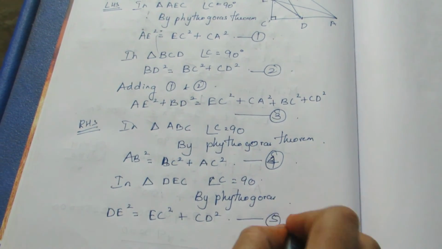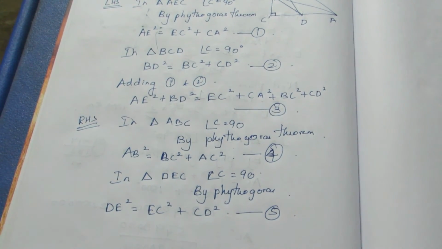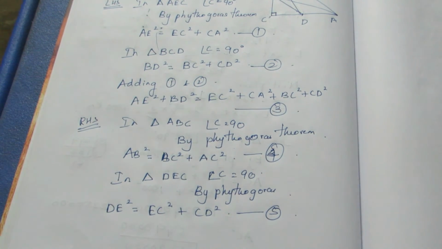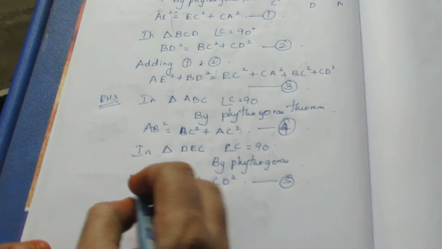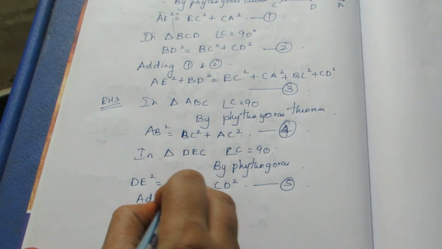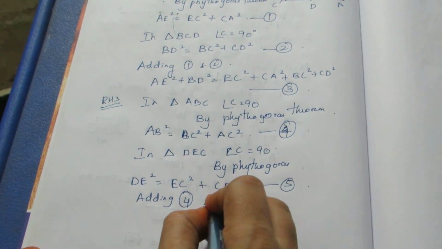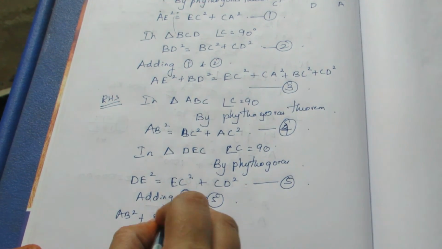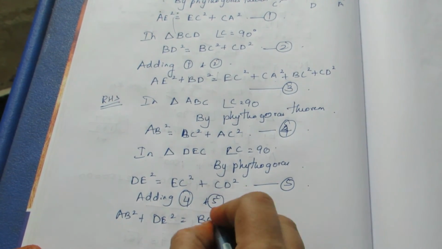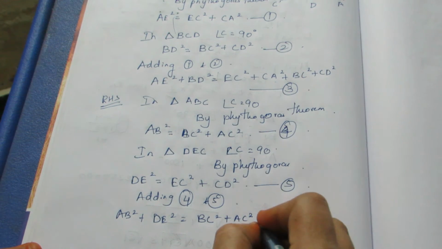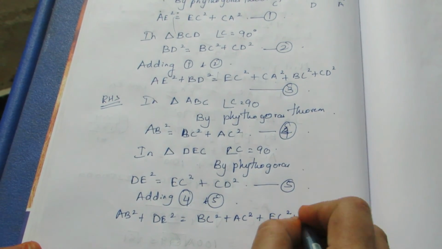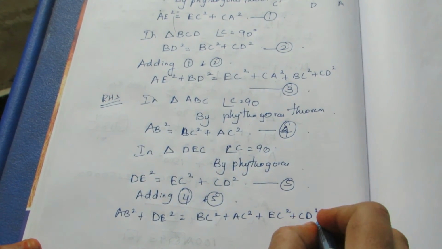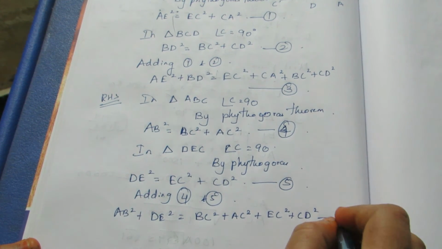Now let me write it as equation 5. We want these two in addition, so let me add 4 and 5. Adding 4 and 5 we get AB square plus DE square equal to BC square plus AC square plus EC square plus CD square. Now I am taking this to be equation 6.